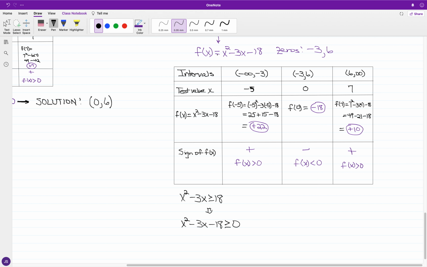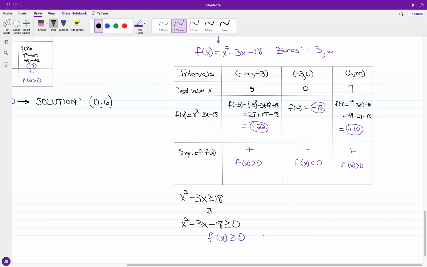And again, f of x is this trinomial. So you're looking at where f of x is greater than or equal to 0.